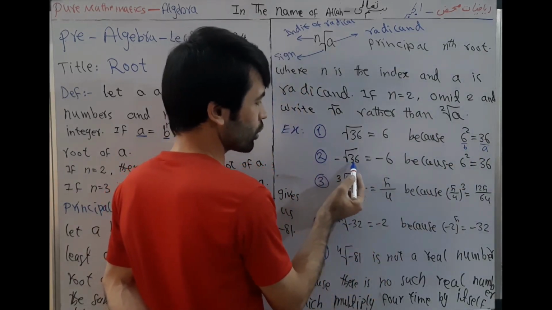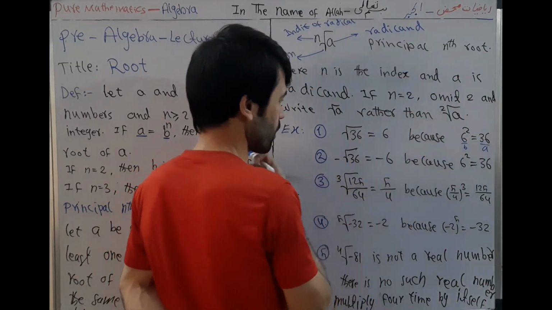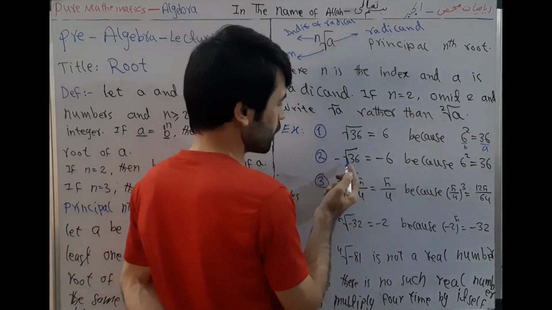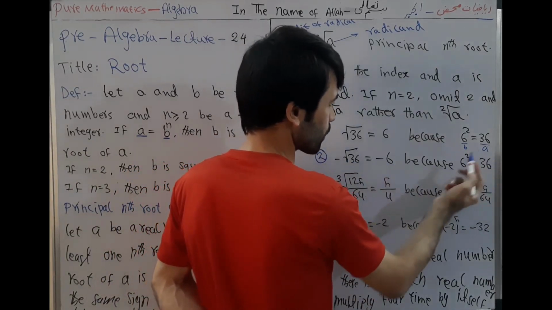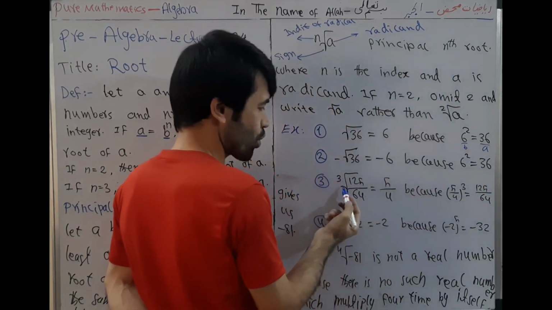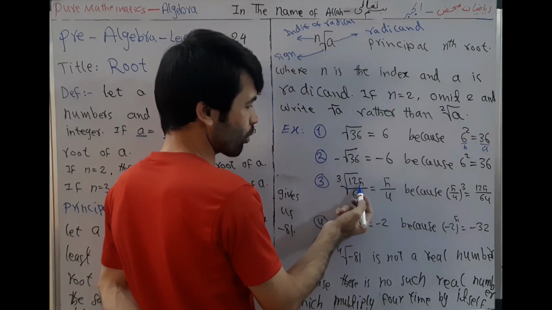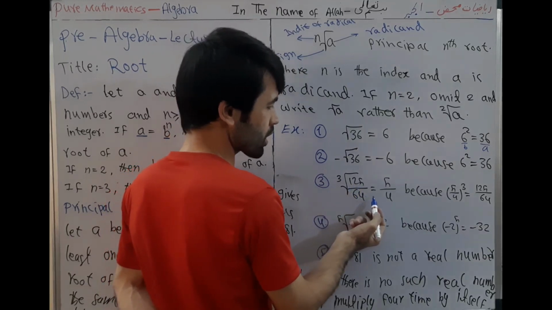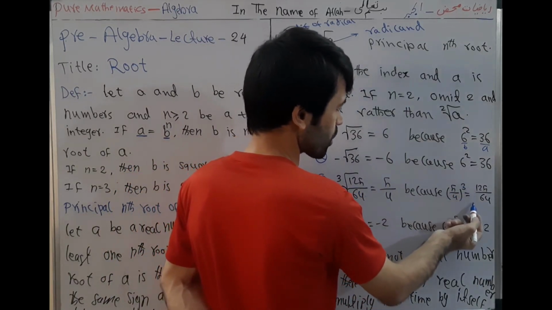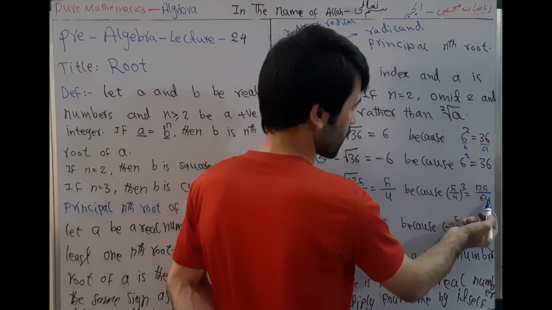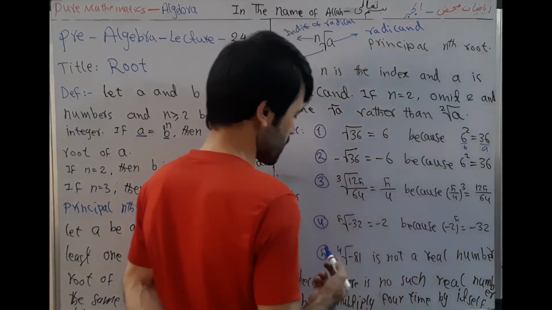Minus square root of 36 is equal to minus 6 because 6 squared is equal to 36. Cube root of 125 over 64 is equal to 5 over 4 because 5 over 4 whole to the power 3 is equal to 125 over 64.